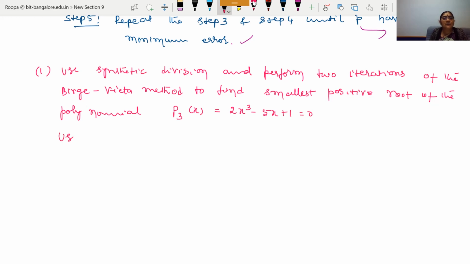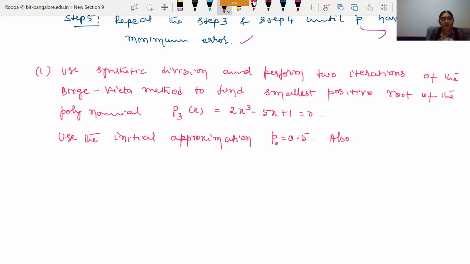Use the initial approximation P0 equal to 0.5.